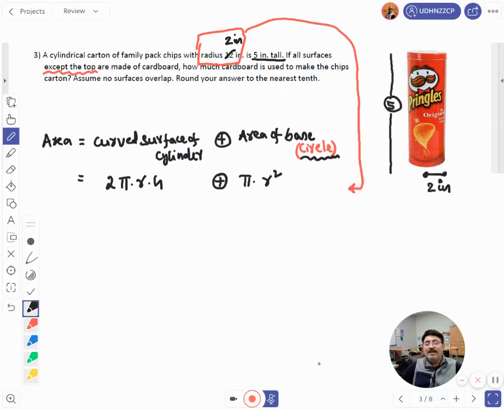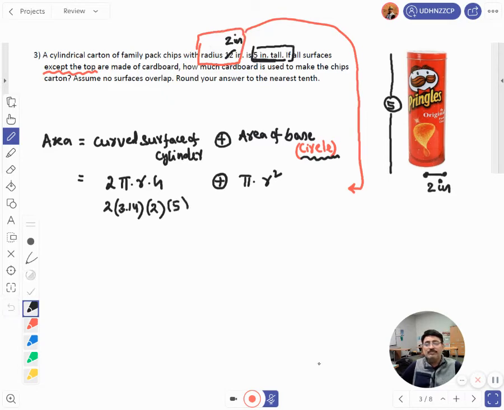Therefore, 2 times pi value, which is 3.14, times radius, which is 2 inches, times the height. Tall means height, or else from the diagram you can see that this is 5 inches tall.